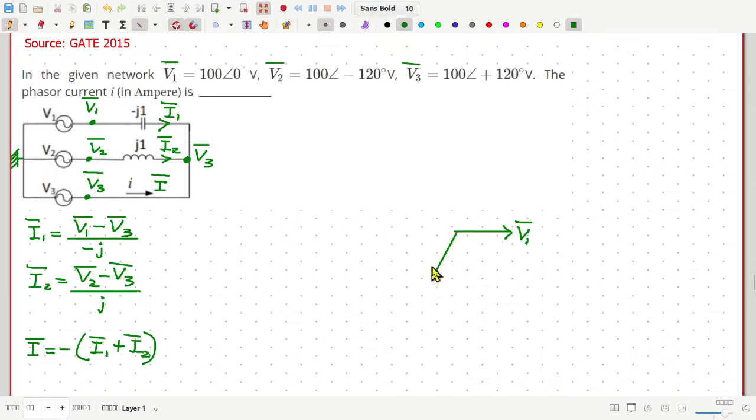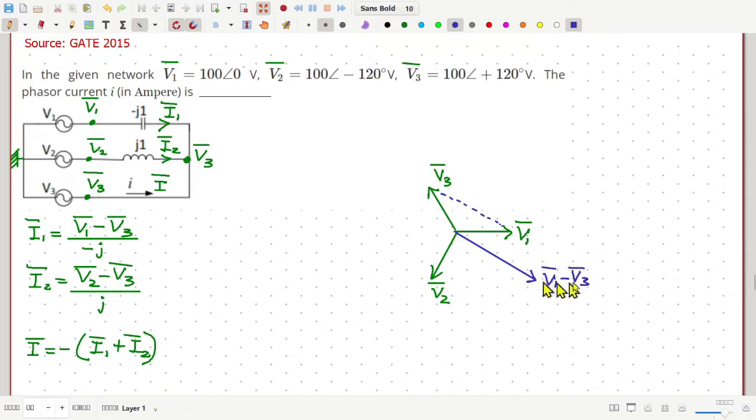This is V2 at an angle of minus 120 degrees, and this is V3 at an angle of plus 120 degrees. Then I1 is V1 minus V3 by J. Now V1 minus V3 will be this phasor, which is the same as this phasor.